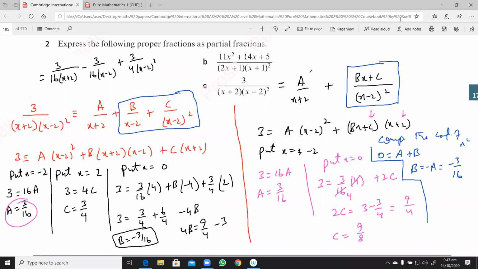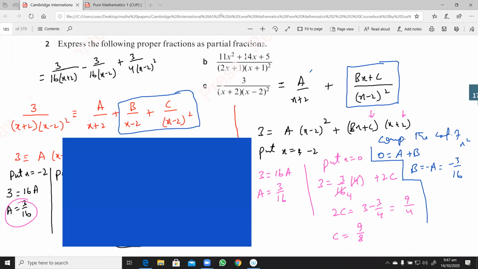Okay, b is minus 3 over 16. So I will be writing it as, let me make some space here. Okay. I'm running short of time, just 1 minute left. So this bx plus c over x minus 2 whole square, I'm really afraid this will have to go into the next video, is going to be b is minus 3 over 16x.